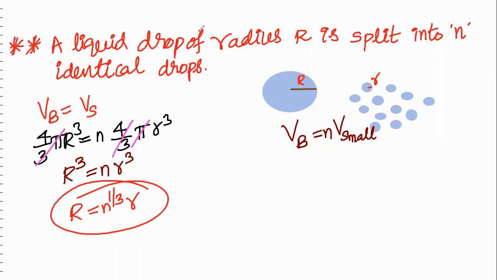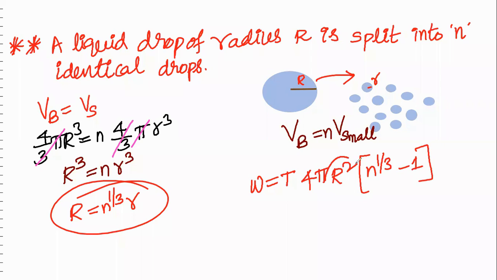The work done needed to split this big drop of radius capital R into n identical drops is surface tension T into 4 pi R square into n power 1 by 3 minus 1.